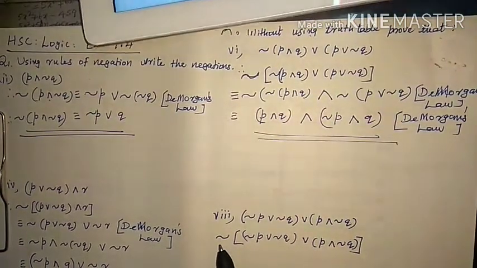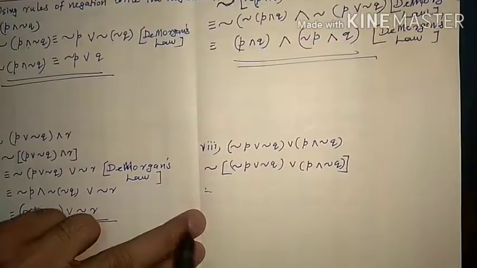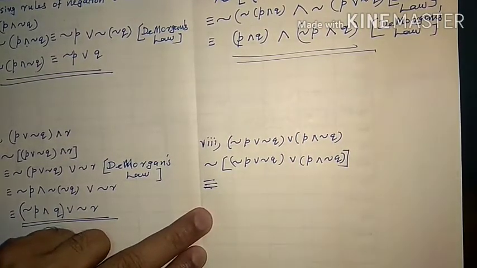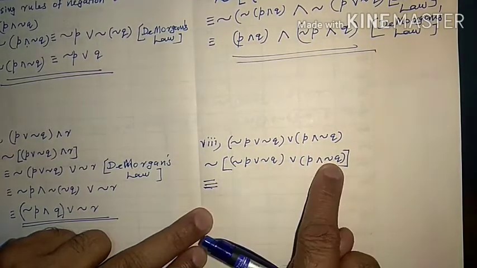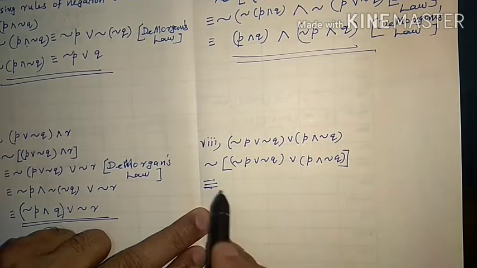This is what now we are finding out. This is equivalent to, we consider like this. Negation of first, disjunction, negation second, distribute like that. Disjunction will become conjunction by De Morgan's law.